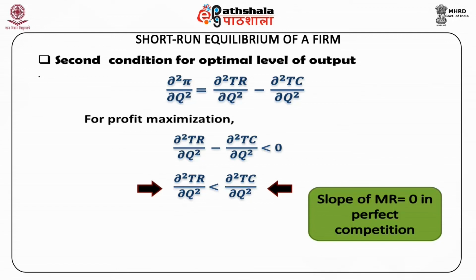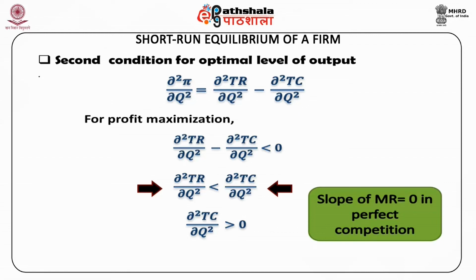The slope of the horizontal marginal revenue curve in perfect competition is 0, and the second order condition can be modified as ∂²Total Cost/∂Q² greater than 0.